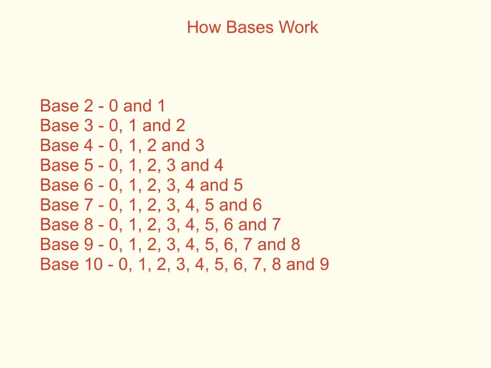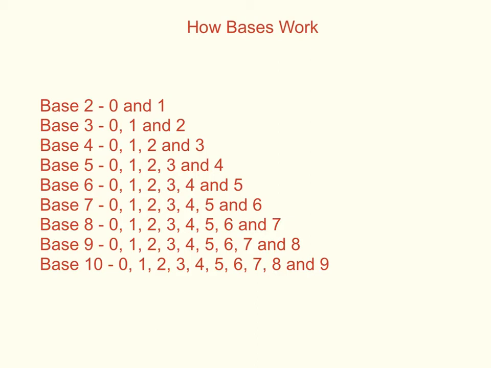Here is the completed chart. Now, keep in mind, we're talking about converting from base 10 to another number. So let's take a look at the pattern here. Looking at the 2, I notice that 0 and 1 are both less than 2. And same with 3: 0, 1, and 2.